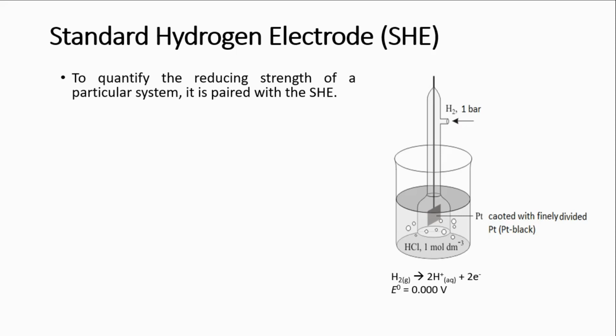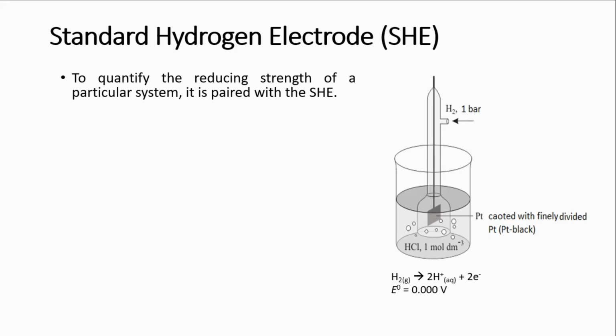So if you should prepare a galvanic cell, and one of the half cells should be the standard hydrogen electrode, then that electrode has a contribution of 0. So the potential that you will read on the voltmeter will be only due to the metal that you are trying to investigate.